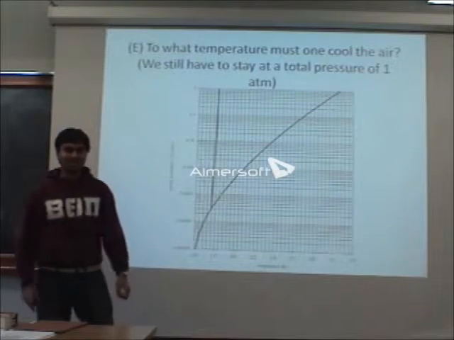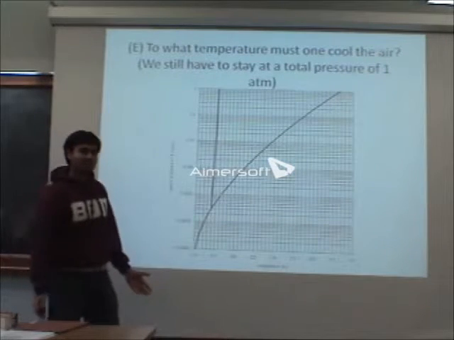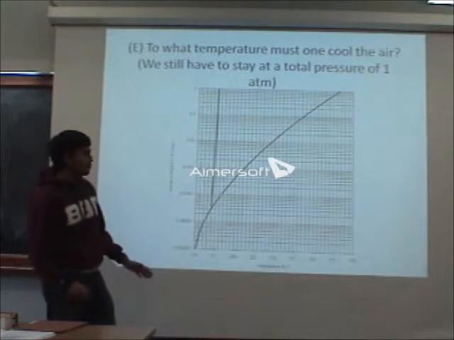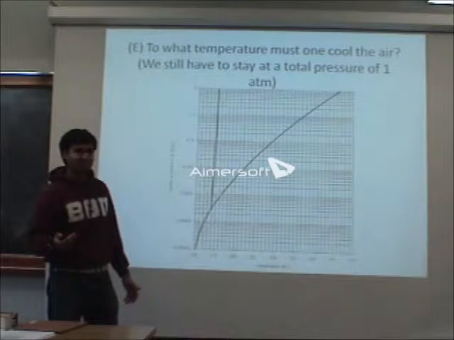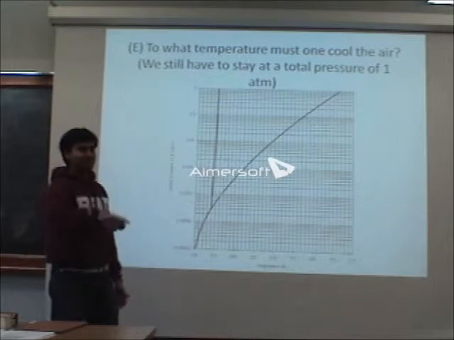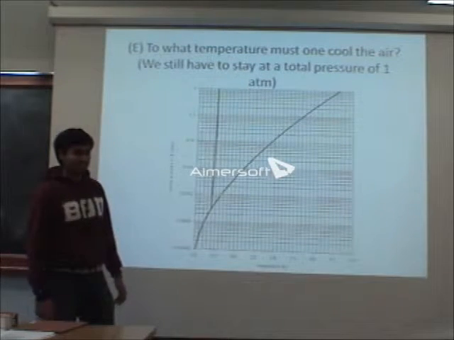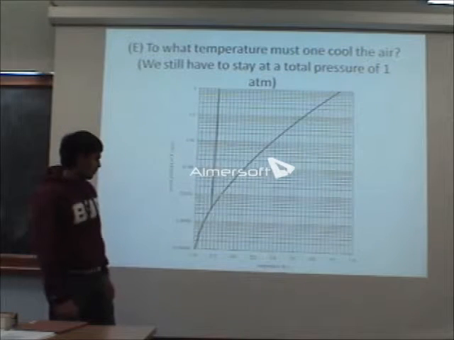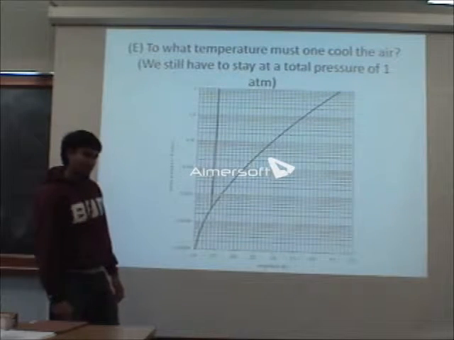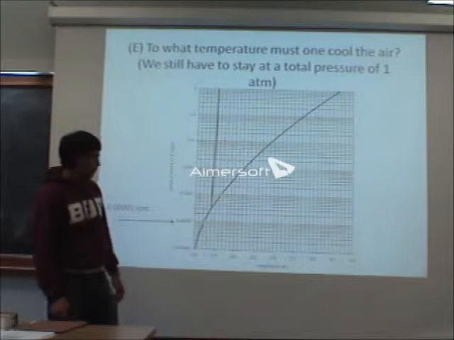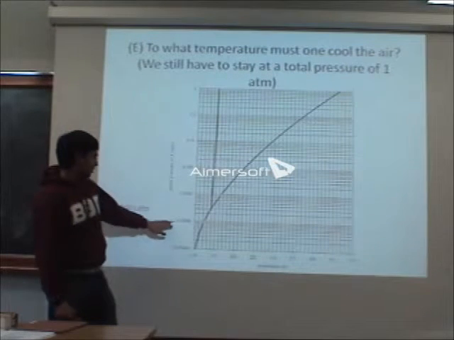Dan. What can we do? So we're changing our temperature. Dorothy. Well, you want to reduce it by a factor of 10, so you follow the equilibrium line down to 0.001.